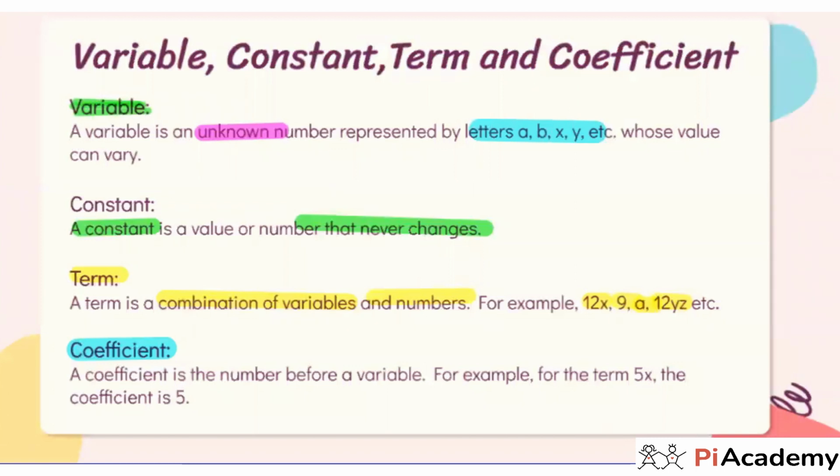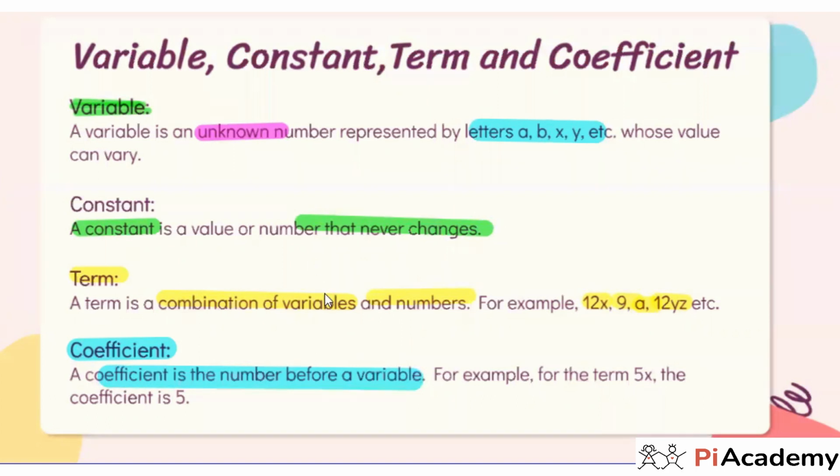Very good. So whenever we are dealing with terms like 12x, 12yz, in a given term, whatever is multiplied with the variable, that is the coefficient. A coefficient is a number before a variable. So in 12x, 12 is before the variable, so 12 is the coefficient.